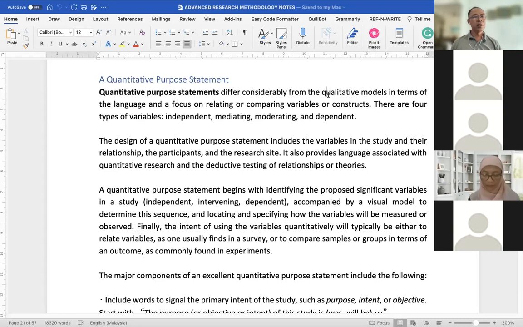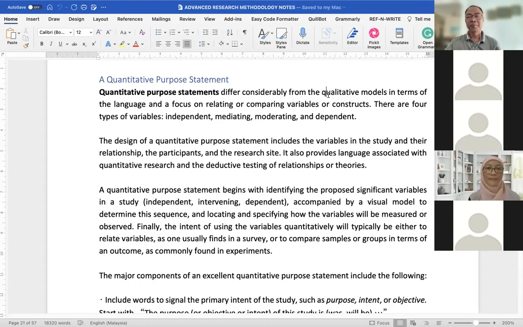But usually the mixed method takes longer than either quantitative or qualitative research alone. So it depends on what you want.